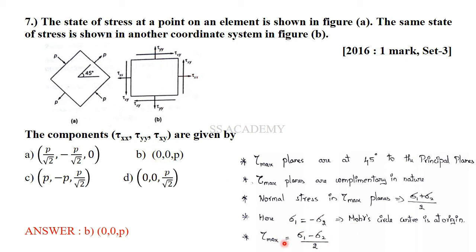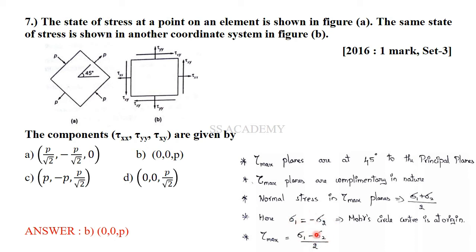Whereas tau max is calculated using this formula, sigma 1 minus sigma 2 by 2. This can be visualized as a Mohr circle. In this special case, the applied load is such that one is compression and the other is tension, of equal magnitude. In that case, the Mohr circle will have its center at the origin. Here you will have the principal stresses relation as shown: sigma 1 is equal to minus sigma 2.